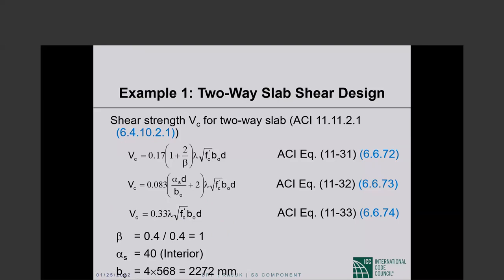And b sub 0, the perimeter of the critical section, one side is 568. We took it as 570 on the last page, same thing. Each face has a length of 568 multiplied by 4 is the total perimeter. That's 2272 millimeters.